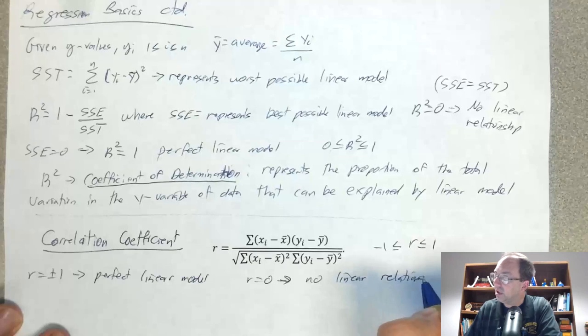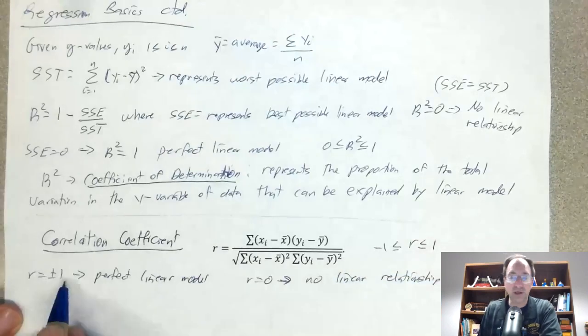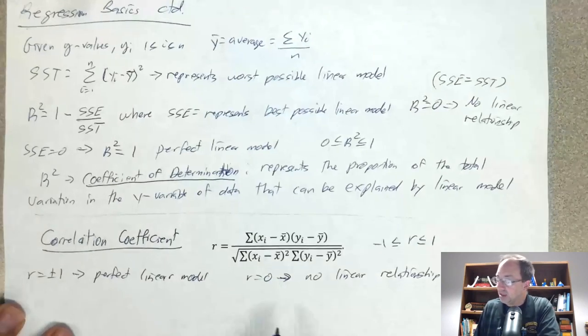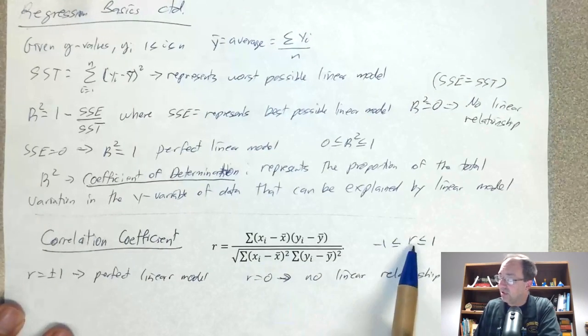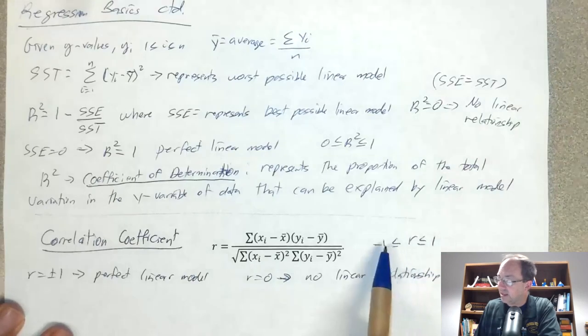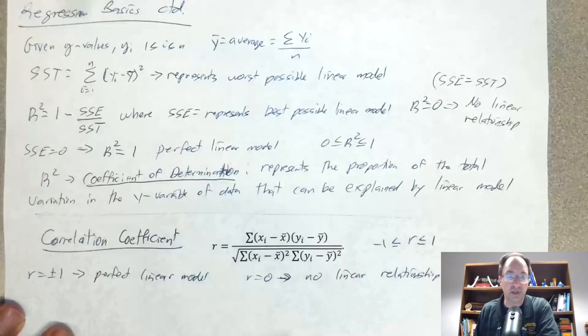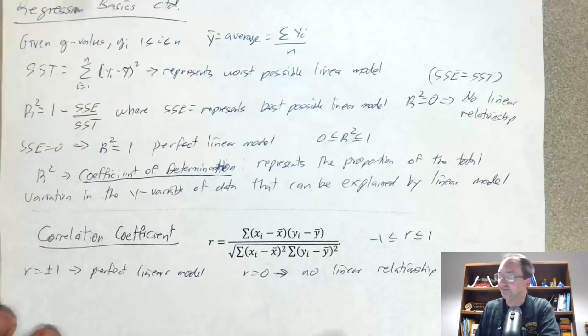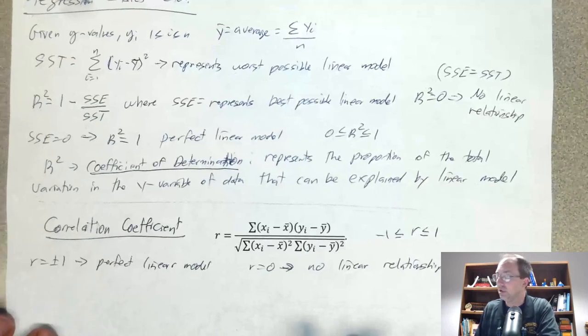Once again, the closer little r is to either extreme, the more linear the relationship is. Now, the one benefit of little r is that the sign tells us which way the slope of that line is. So positive r corresponds to a positive slope, negative r, negative slope. So that's a little bit of extra information that we didn't get.